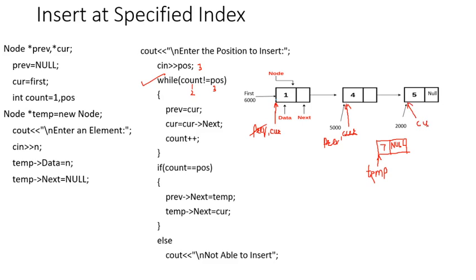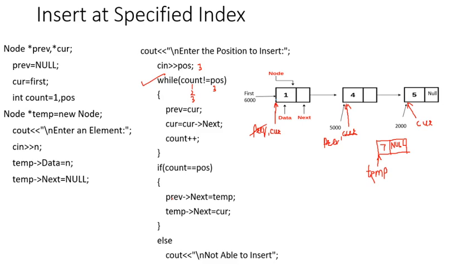Now increment the counter, so count will become 3. Now 3 is equal to 3, so control will come out of this while loop. If count is equal to pause, this condition is satisfied: 3 is equal to 3.